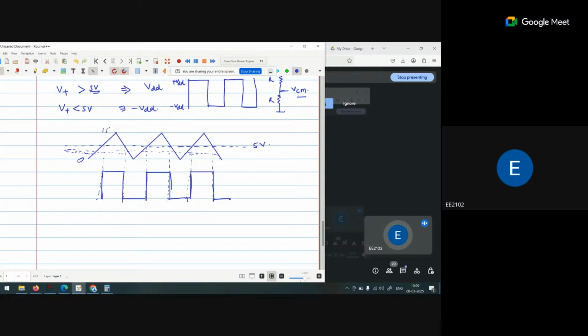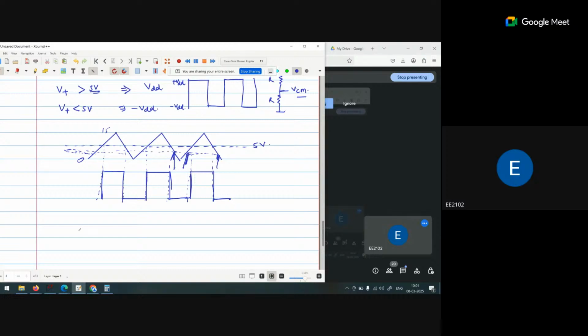Why is the duty cycle changed? Because it will be off for only this duration, and it will be on from here to here.